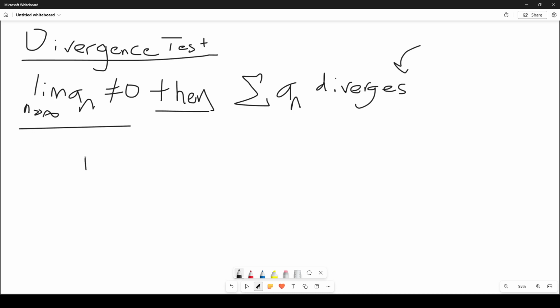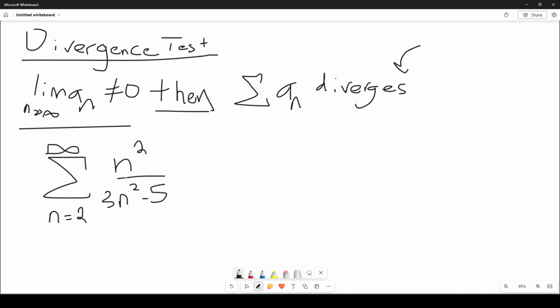So let's check if this infinite sum from n equals, let's say, 2 to infinity of n squared over 3n squared minus 5. Let's check whether it converges or diverges. So to check whether this is true, let's consider the sequence a sub n equals n squared over 3n squared minus 5.